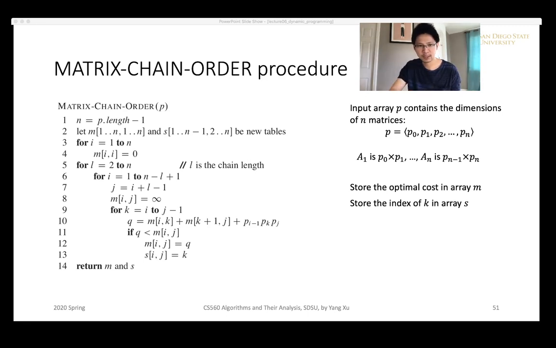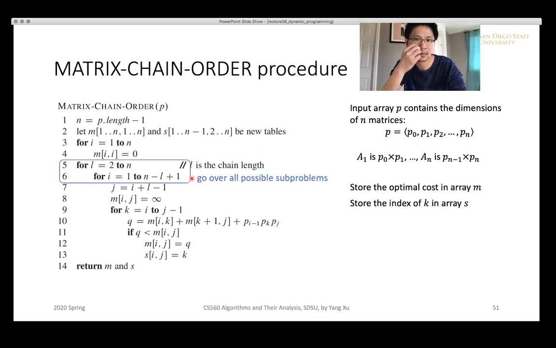So L indicates the size of the subproblem. And there is a second layer for loop. It ranges from 1 to the ending quantity n minus L plus 1.